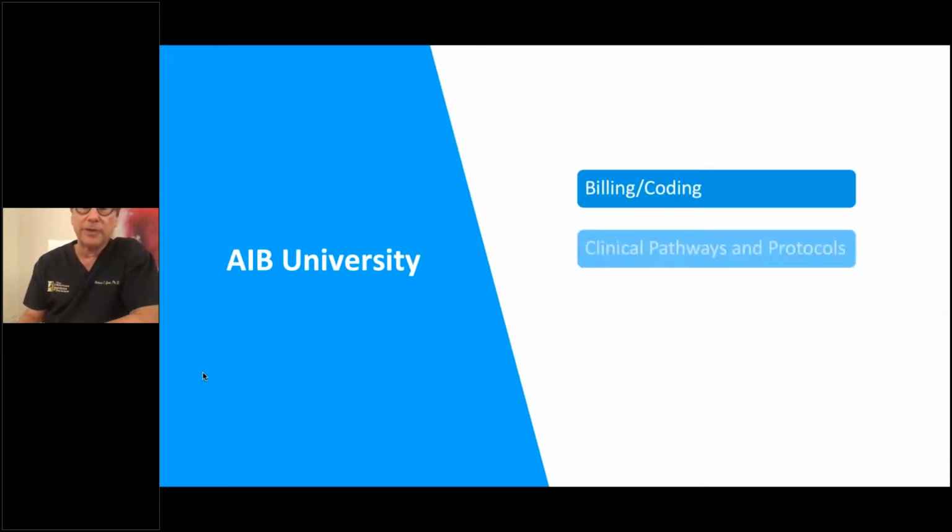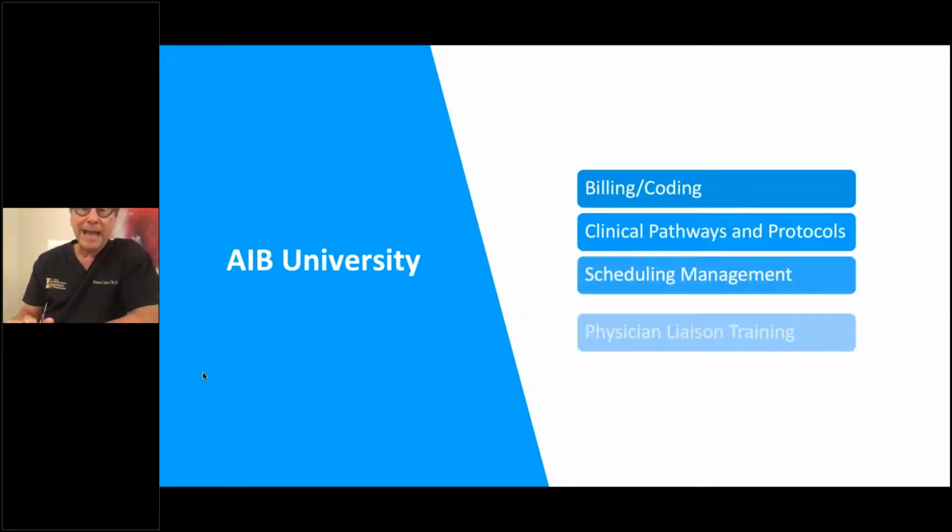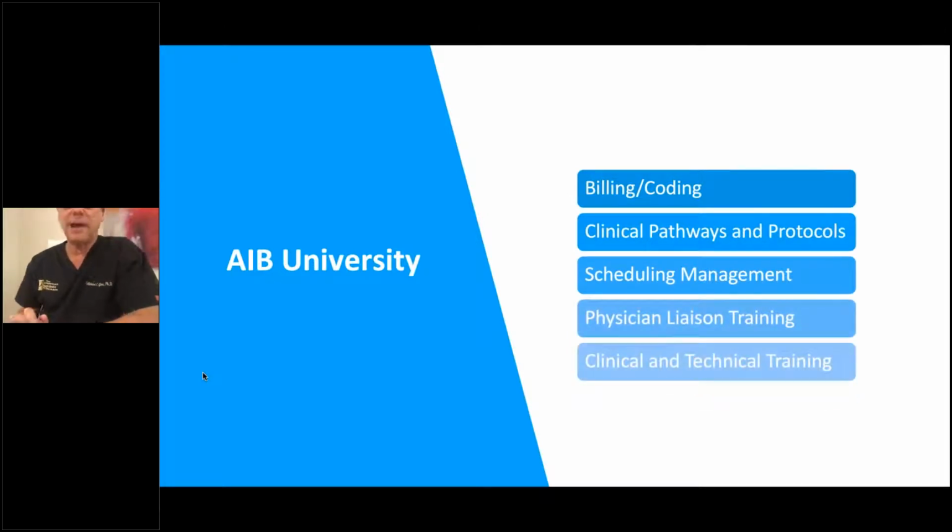If they need hearing aids, they can come back. We have basically an AIB university. At AIB University, we teach everything you need to know about billing, coding, clinical pathways, scheduling, physician liaison, and clinical and technical training. Let's drill down into some of these.